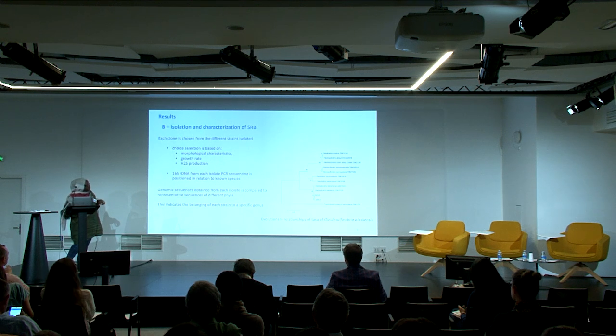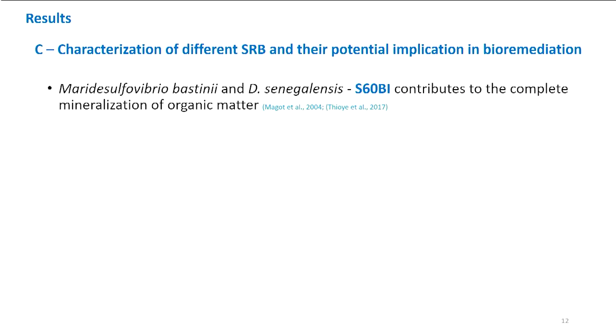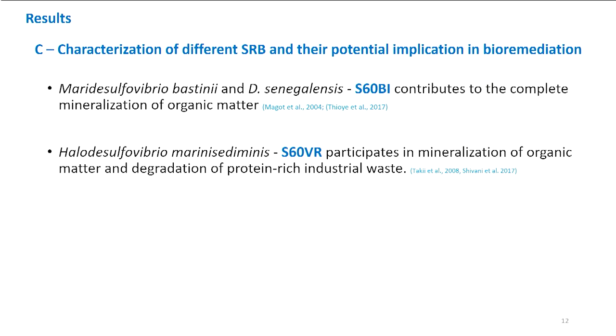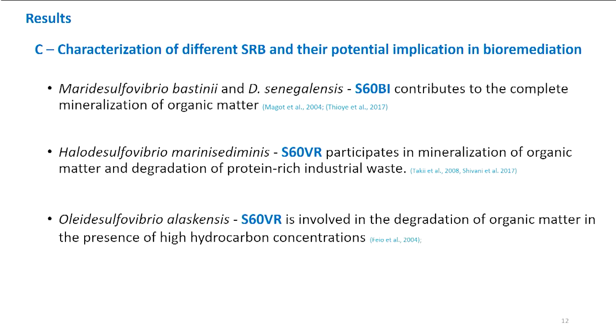And this one is Oleidesulfovibrio alaskensis. And here are some strains described in the literature, and the blue one is an example of our strain isolated. So we can see that we can use it for mineralization of organic waste or for degradation of rich protein.